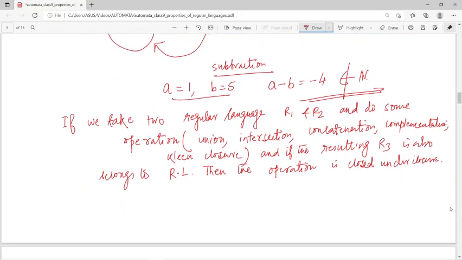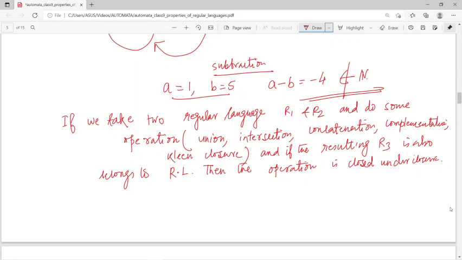I think it is clear. We take two regular languages, we do some operation, and if the result also belongs to the regular languages, then we know that particular operation is closed.